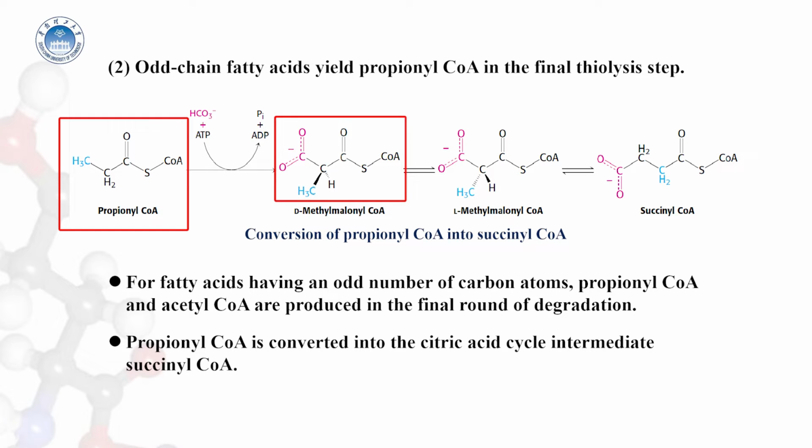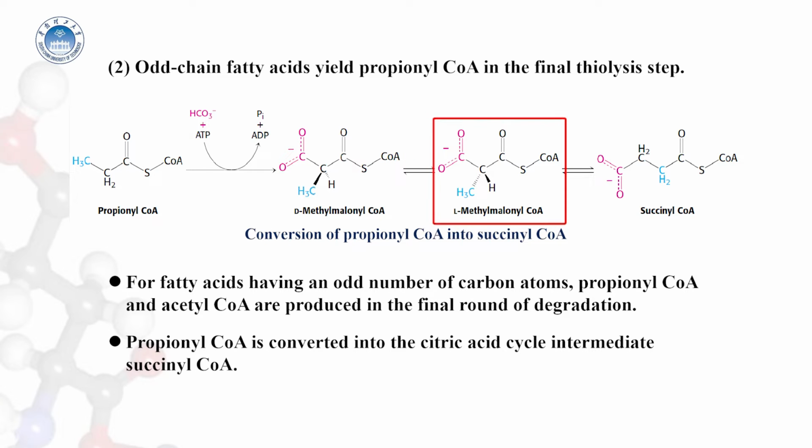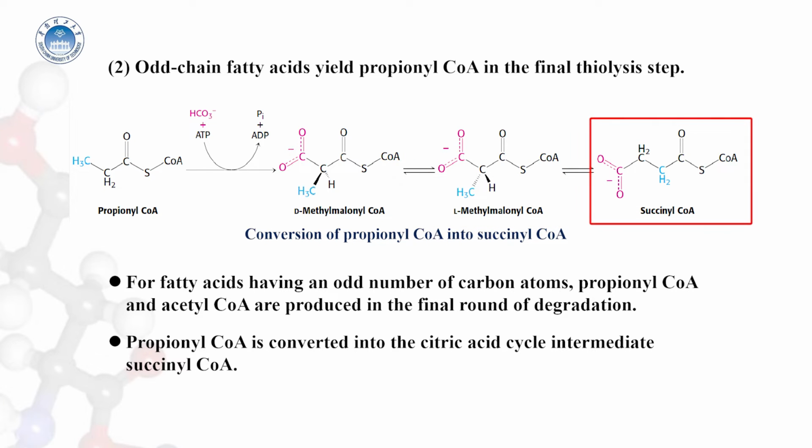The D-isomer of methylmalonyl-CoA is racemized to the L-isomer, the substrate for the mutase that converts it into succinyl-CoA by an intramolecular rearrangement. The isomerization is catalyzed by methylmalonyl-CoA mutase.